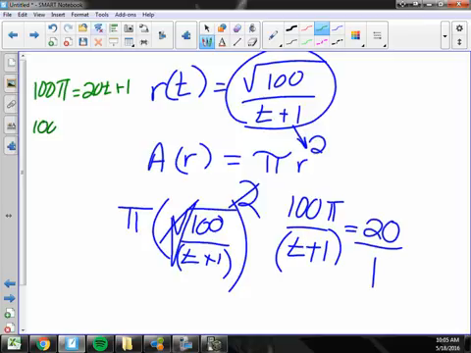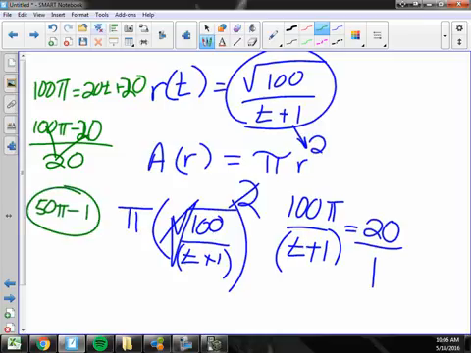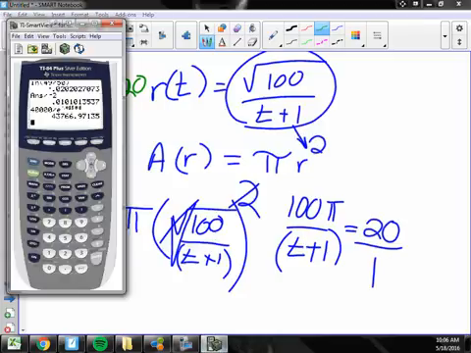So it'll be 100 pi minus 20 over 20, so that would be 5 pi minus 1. Round your answer to 1 decimal place. It's going to take 156 days.